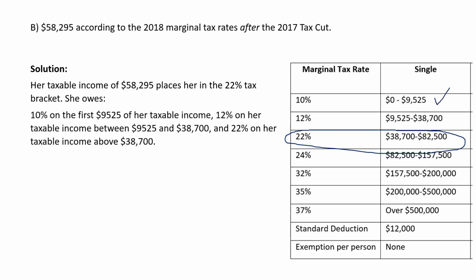She owes 10% on the first $9,525, 12% on her taxable income between $9,525 and $38,700, and 22% on her taxable income above $38,700.